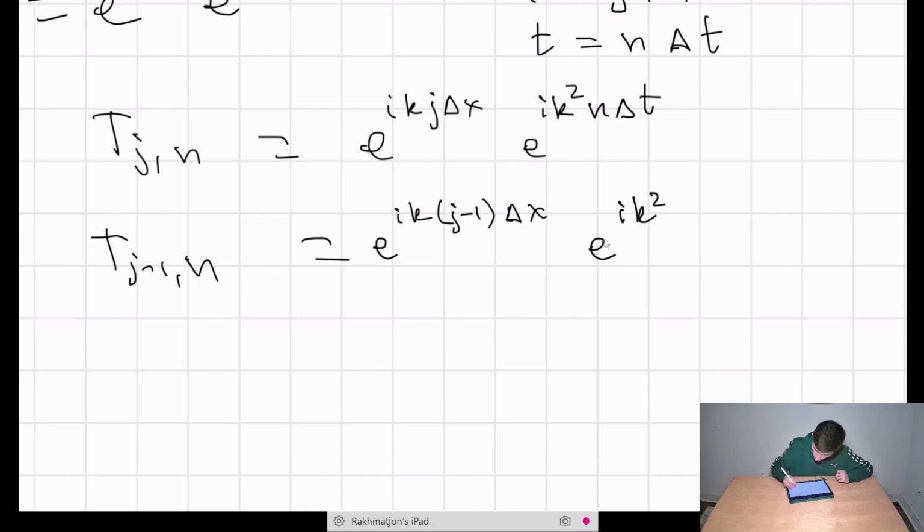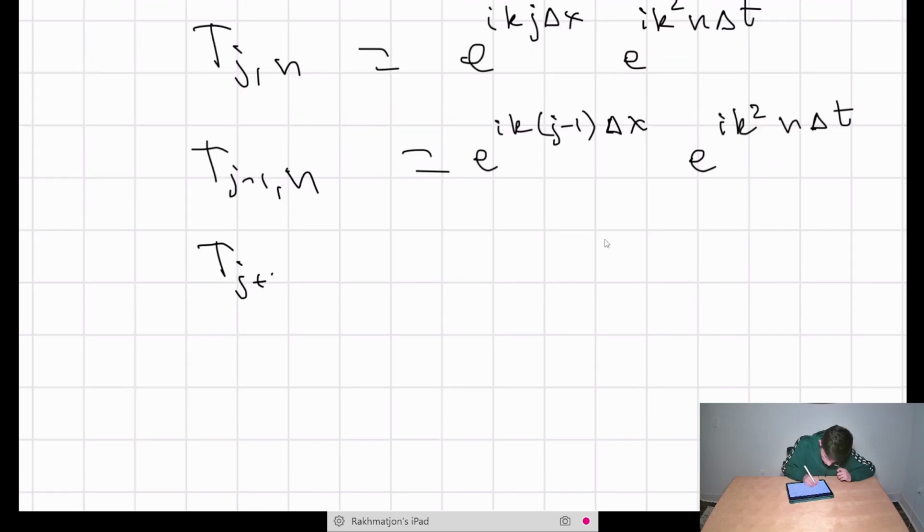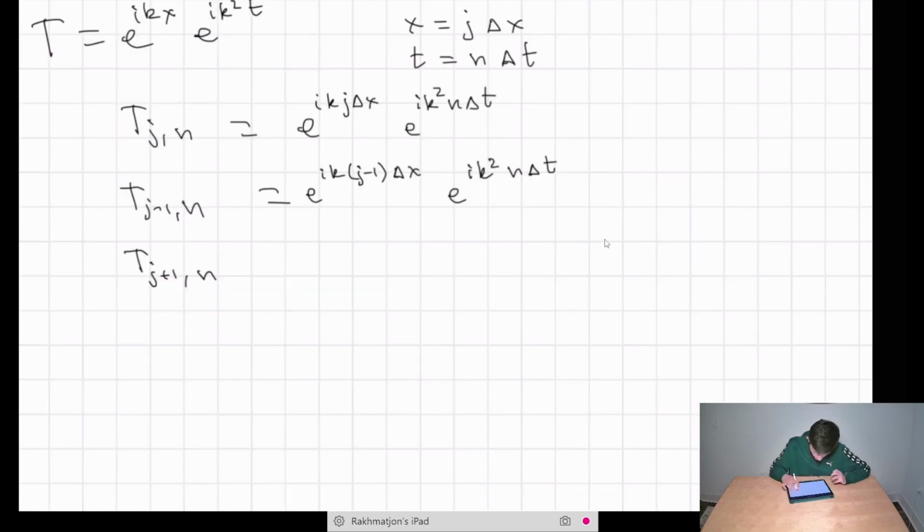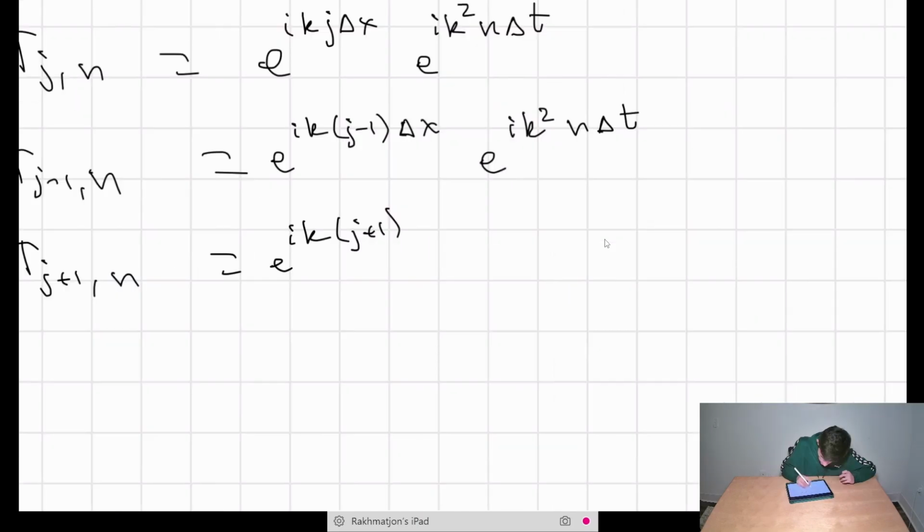And we also have the temperature at j plus 1 at n, and that is going to be e to the i k (j plus 1) delta x times e to the i k squared n delta t.